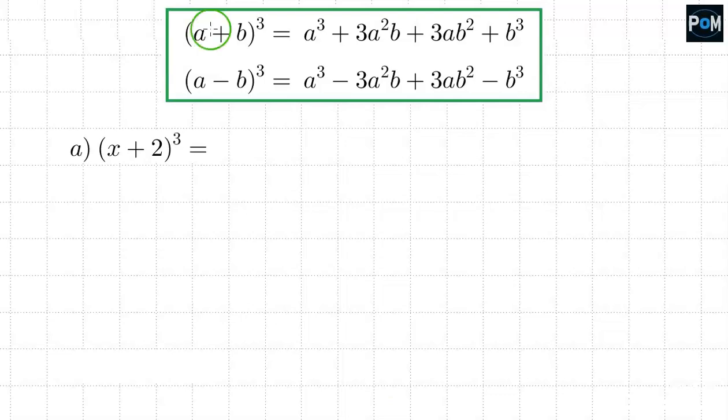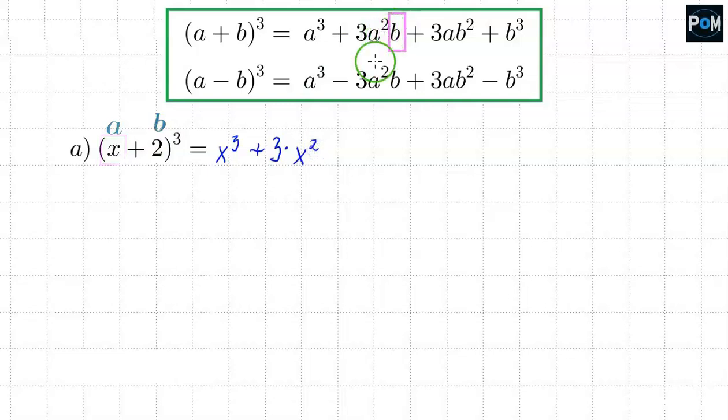We use the formula for the cube of a sum. Our a here is x, and our b is 2. If we need to raise a to the third power, according to the formula, we need to raise this x to the third power. Then in the formula, we have plus 3. There is invisible multiplication by a squared, that is x squared.